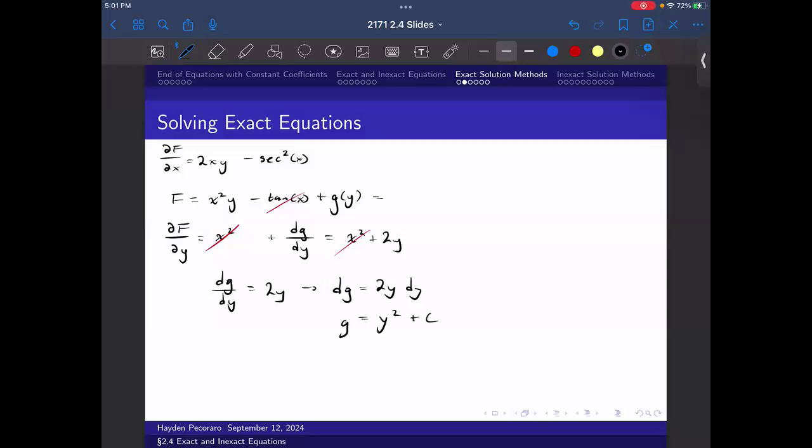Y squared plus c. You don't have to write that, because we know that we're just going to add it to the other side of this equation. Plus y squared equals c. And that's our solution.